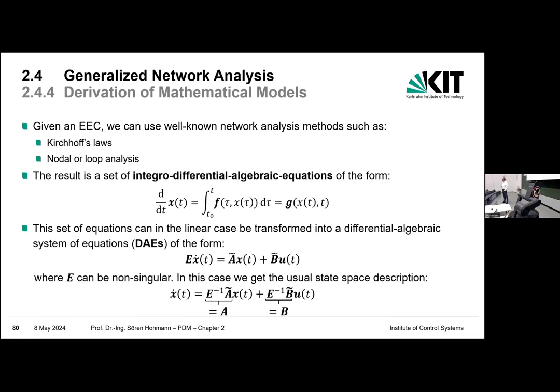What do you think? Yeah, the integral of something is equal to a function of t. How do I get rid of the integral? Differentiate, yeah, exactly. Just differentiate both sides of the equation, and you get at some point just a differential equation.